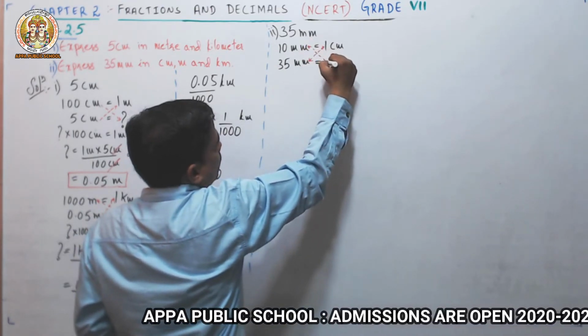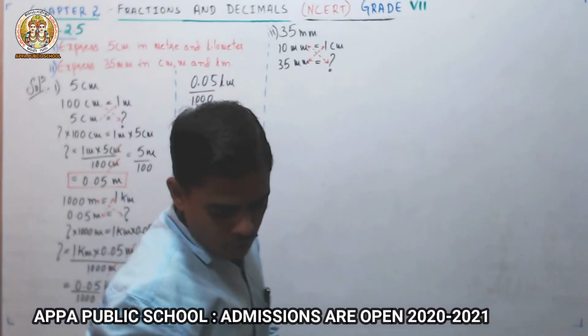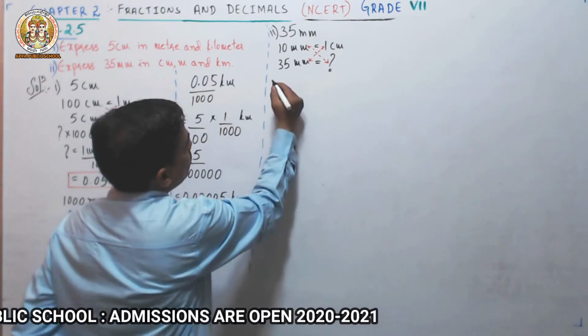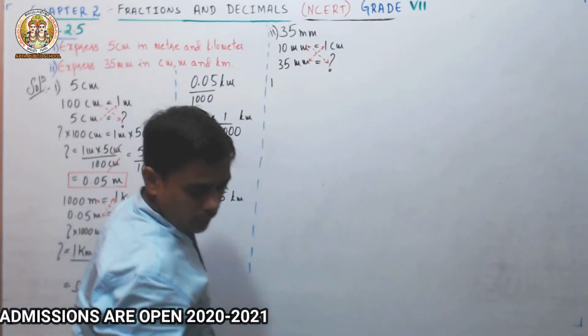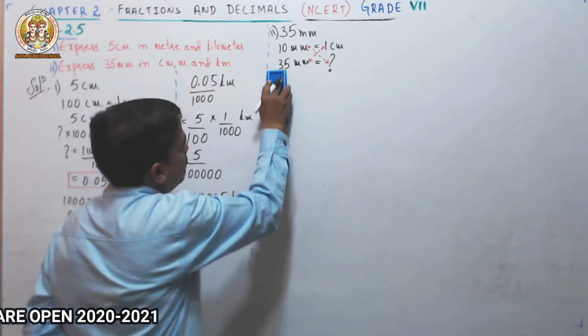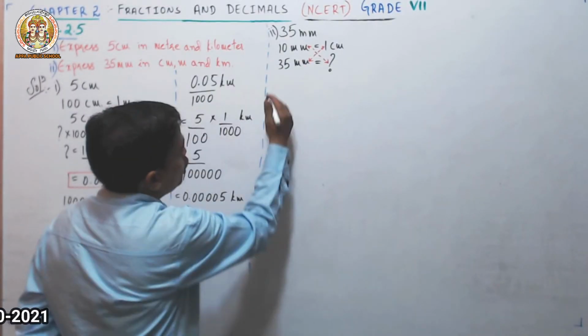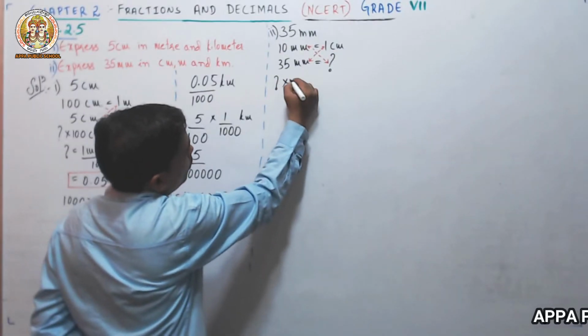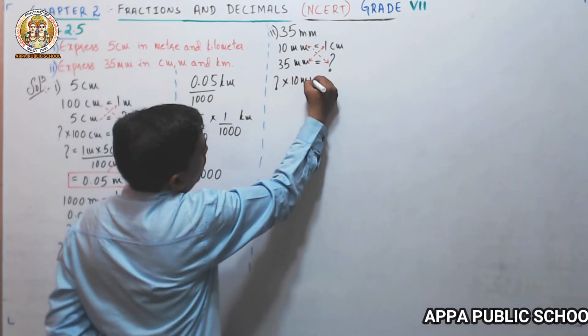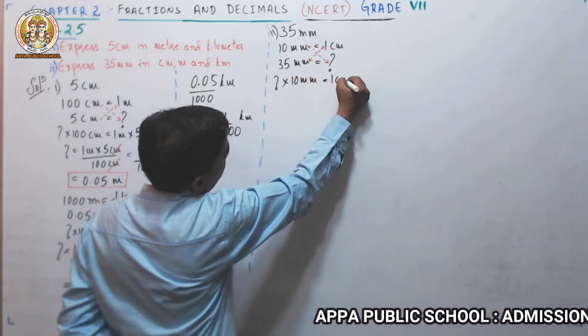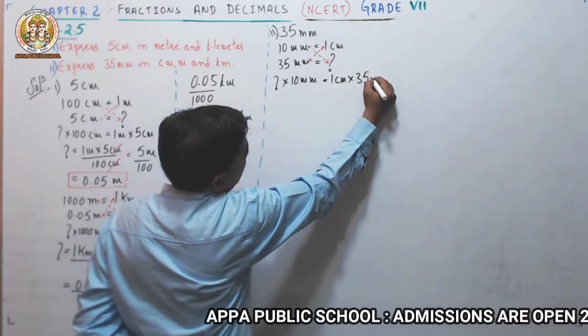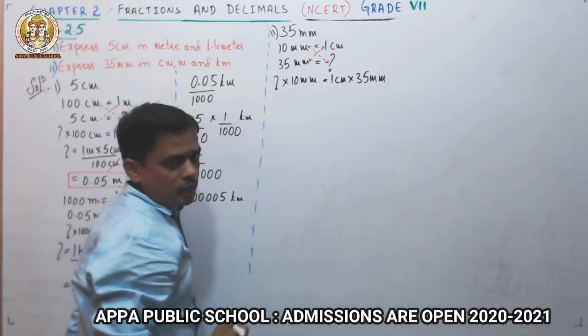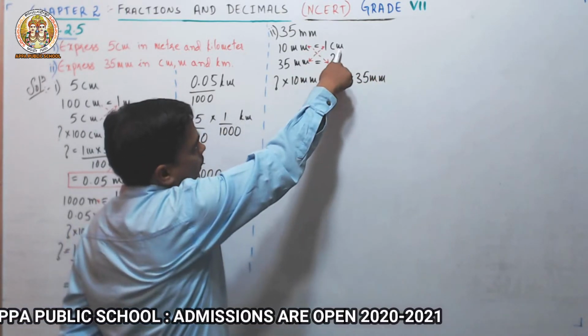Okay, cross multiplication. So what I will do here is, I'll write the question mark first. Question mark into 10 millimeter is equal to 1 centimeter into 35 millimeter. This one you multiply with this one.